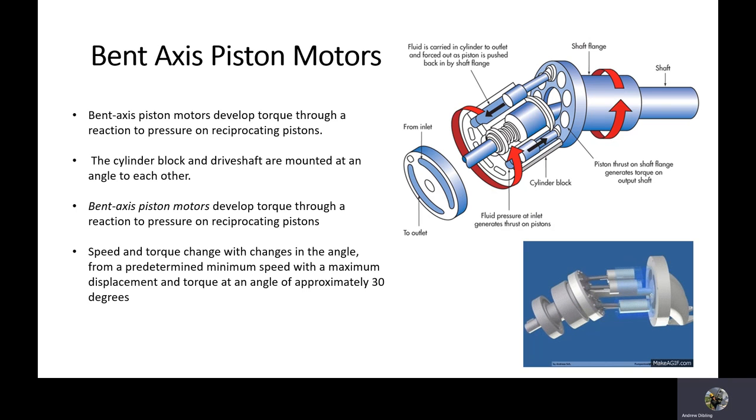Another way of doing this same kind of thing is what we call a bent axis piston motor. These are quite common. They're a fairly good small package as well, and sometimes the bent axis is a design feature that makes them a little smaller than the inline axis. Again, by changing the angle of the bent axis, you're going to change the speed and the torque.